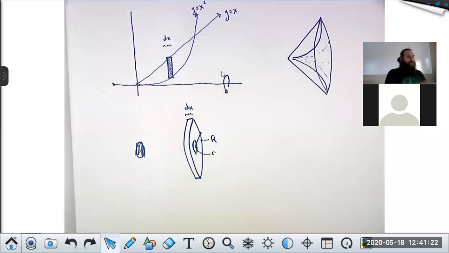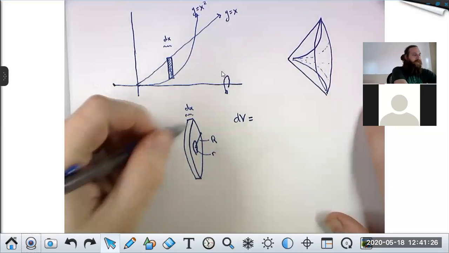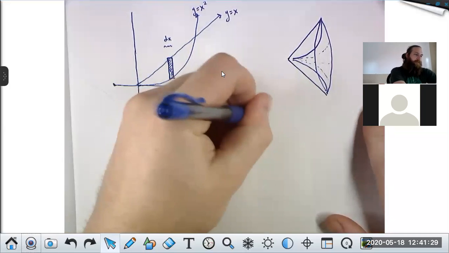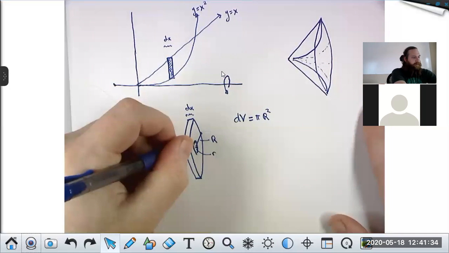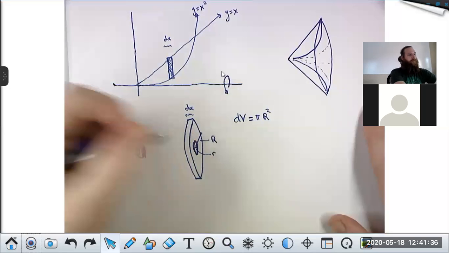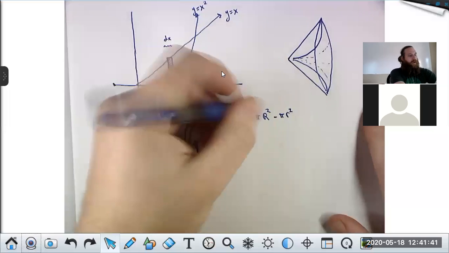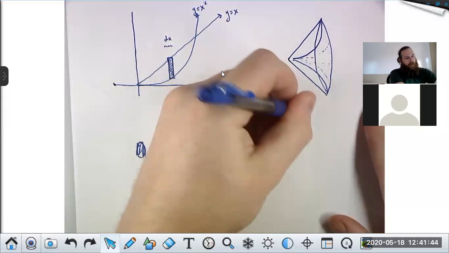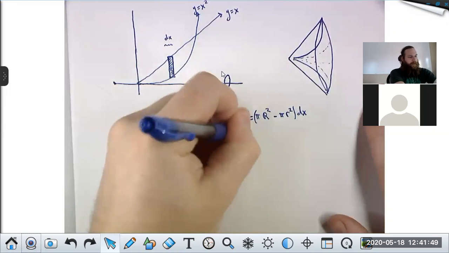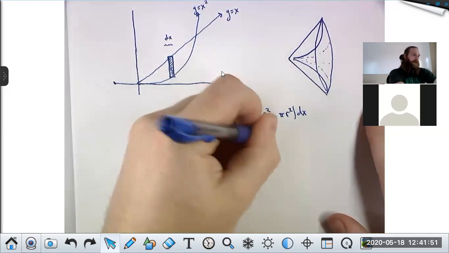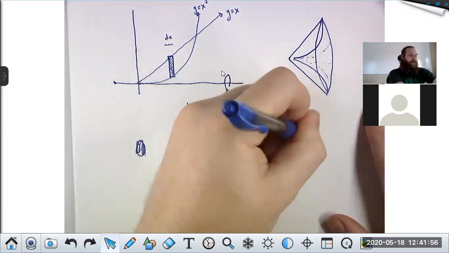The volume of this little differential solid is what you get if you take the big disk, which would be pi times capital R squared, and subtract out the little disk that's been deleted by this air gap, which is minus pi times little r squared. Then you multiply all of that by the thickness, dx. This can be simplified, and this is how you will remember this formula: pi times capital R squared minus little r squared, dx.